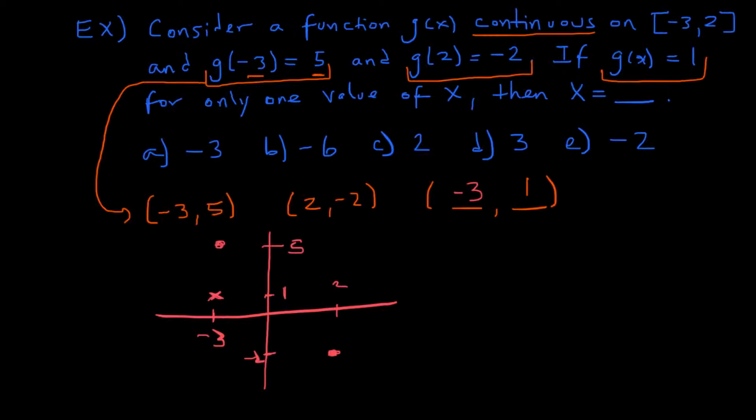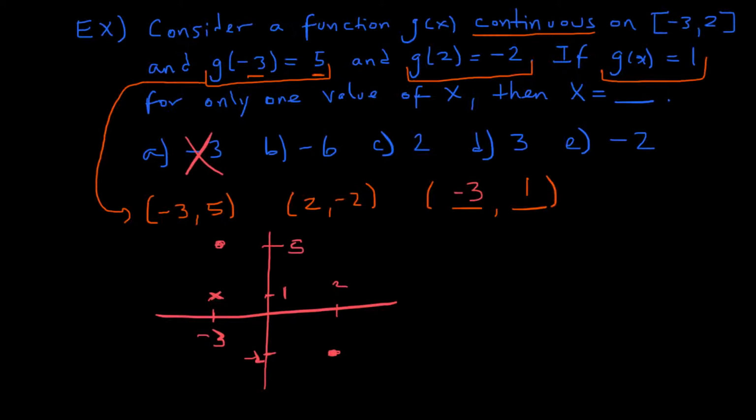And -3 is not going to work because I already have a point at -3, and it's 5. My graph cannot go straight down, because if the graph goes straight down, then this is no longer a function, and the problem said consider a function. So -3 cannot be the right answer, and that means answer A is wrong.